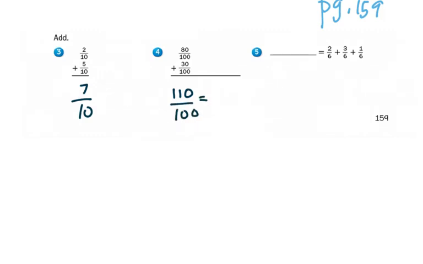Oh, it tells me it's more than 1 whole, so I can also say 1 10 hundredths. And lastly, 2 plus 3 plus 1 is 6. And when the top number and the bottom number are the same, it equals 1 whole. That's all for our math journal lesson today.